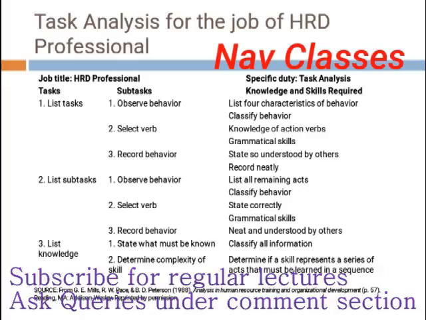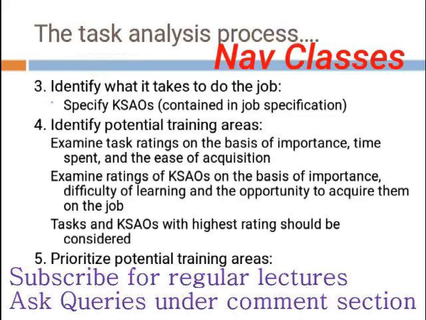When we know the knowledge list that all this knowledge is required to do a particular task, we will list it out. We will list all knowledge and then their sub knowledge and all task priorities. So whatever prior knowledge, skills, or aptitude are required to do particular jobs, then we will do our HRD programs to enhance those KSAOs. So this was the example of the job duty task method.